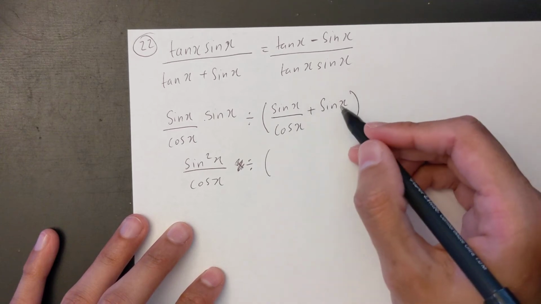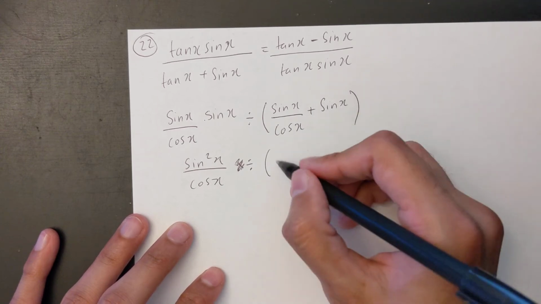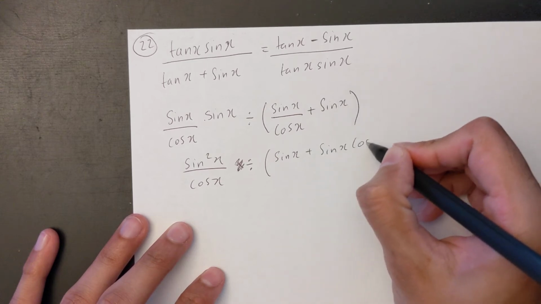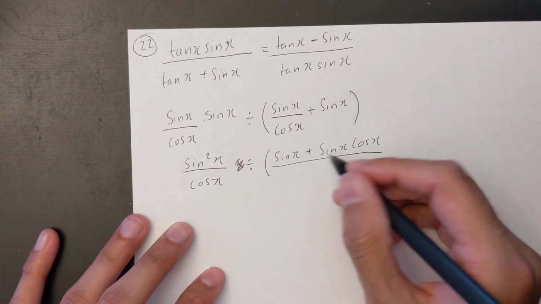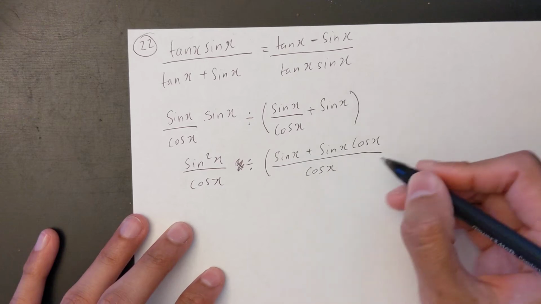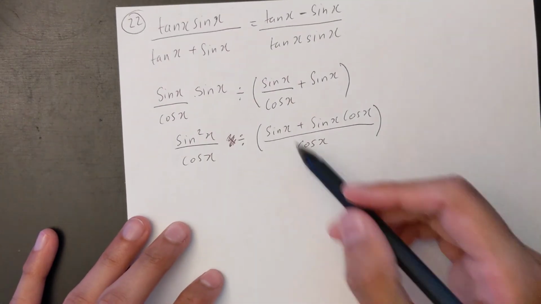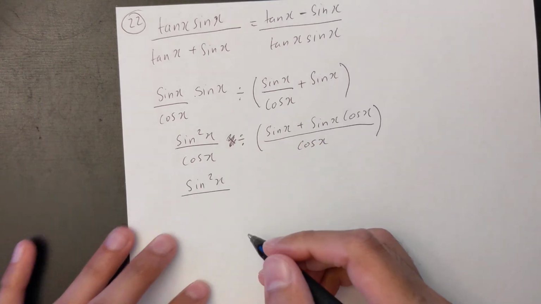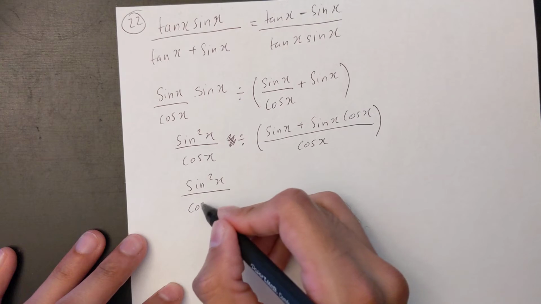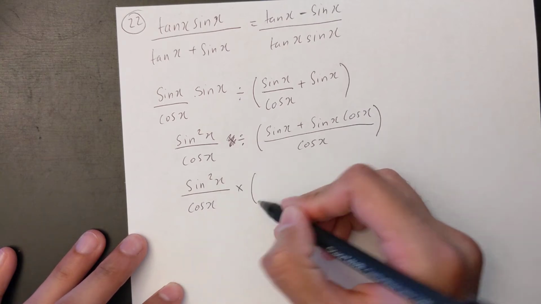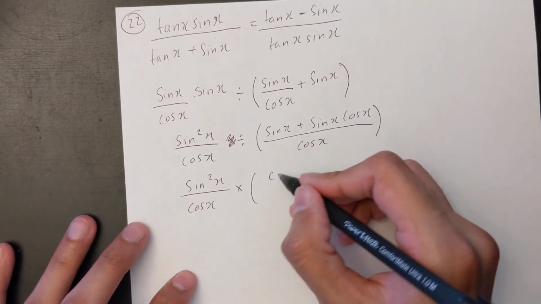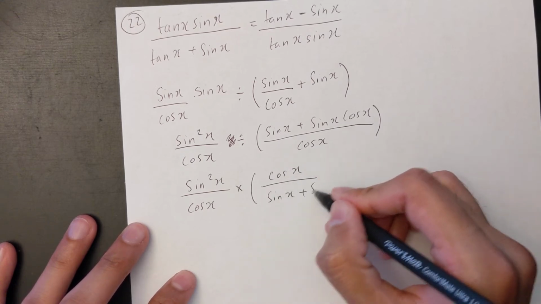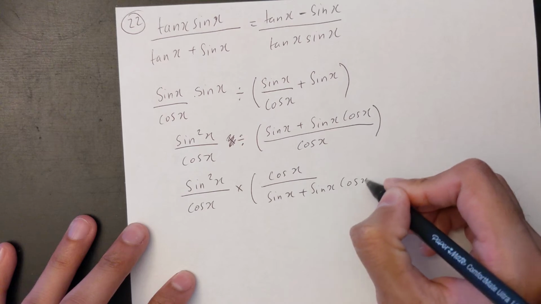I'm going to make a common denominator here, so multiply cos on the top and bottom, so sine x plus sine x cos x divided by cos x. I'm going to flip this upside down, so sine square x over cos x multiplied by cos x over sine x plus sine x cos x.